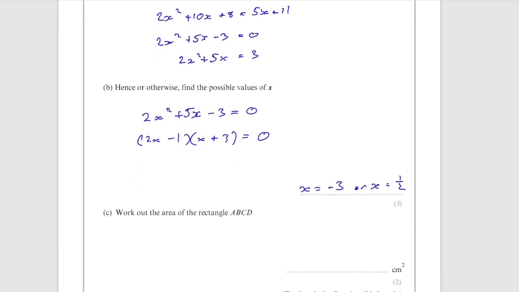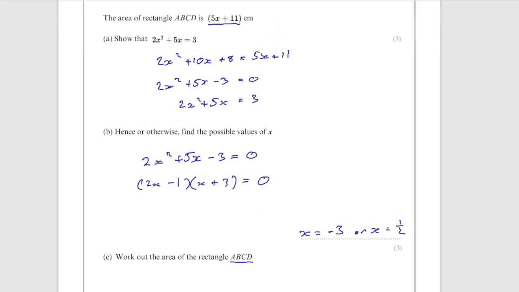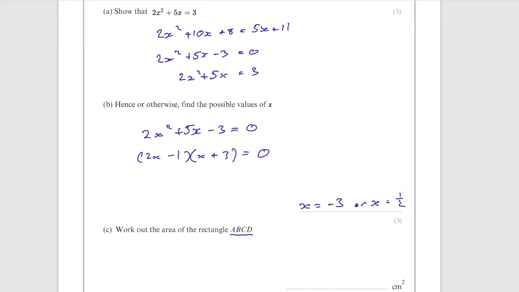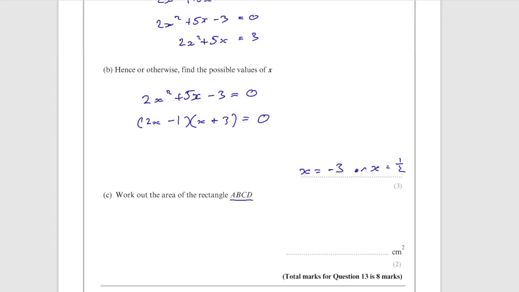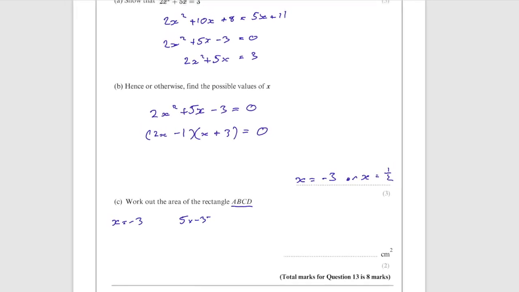Work out the area of ABCD. So we were told that the area is 5x plus 11. Let's try first of all, if x is equal to minus 3, then the area becomes 5 times by minus 3 plus 11, which would give us minus 15 plus 11, that would be minus 4, so that doesn't work.